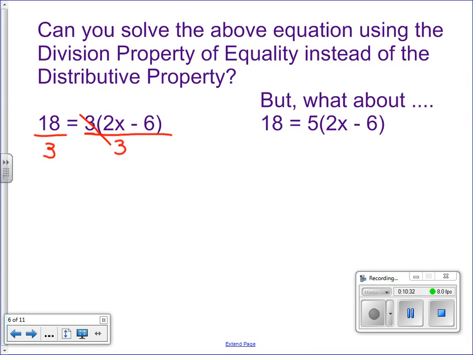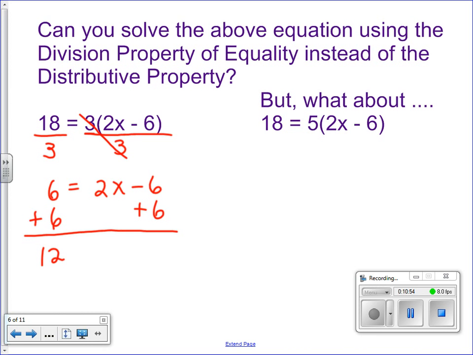3 divided by 3 is 1. 18 divided by 3 is 6. So 6 on the left side. On the right side, all we're left with is what was in parentheses, 2x minus 6. And then adding 6 to both sides. 6 plus 6 is 12. Minus 6 plus 6 is 0.